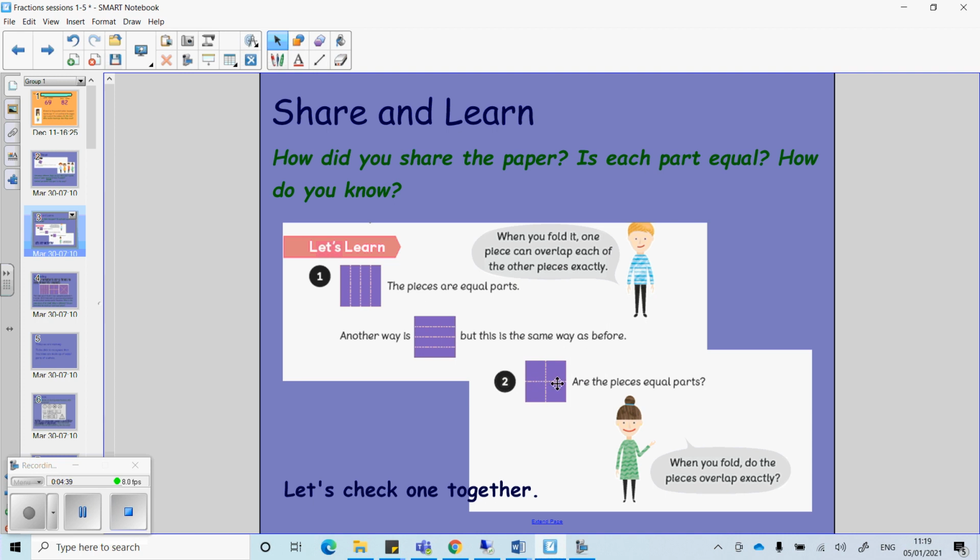There is another way here where I could have folded down the middle vertically and folded across the middle horizontally. Are the pieces equal? Well, when you fold, do the pieces overlap exactly? And if they do on your piece of paper, then you have folded them equally.